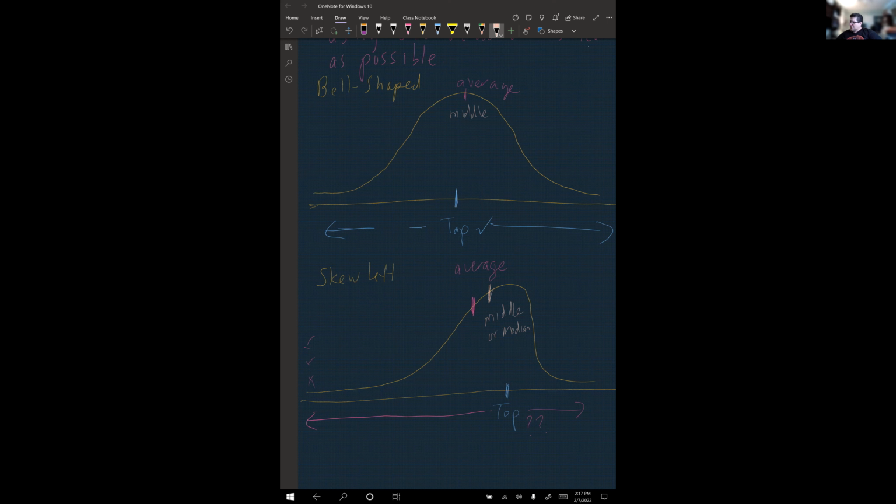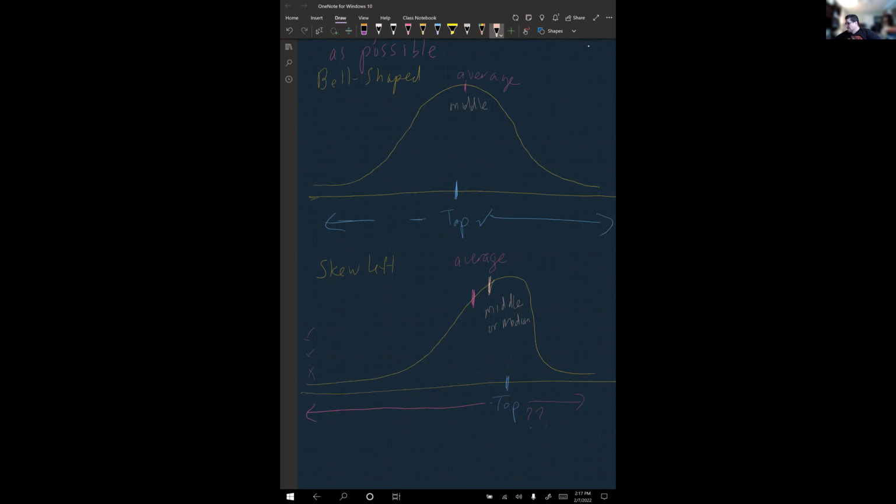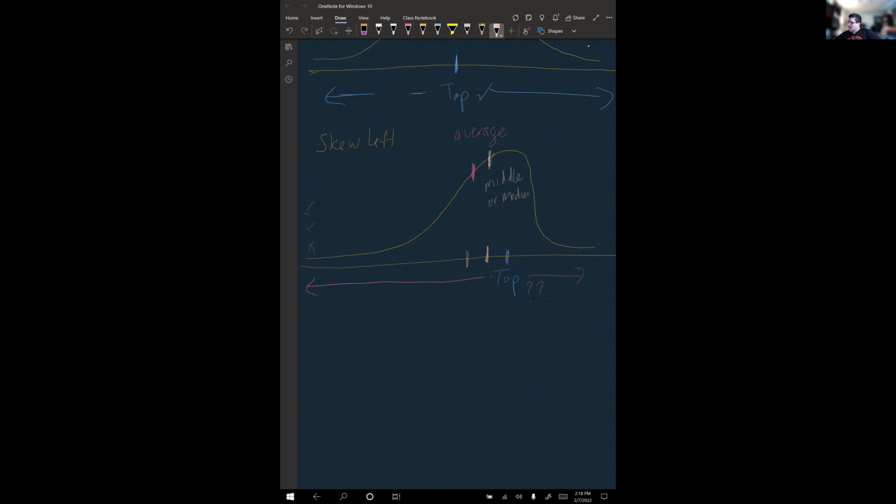And if we look at skew right, this kind of flips the graph around. I can put these down below: average, and I'm going to put tallies there for a second. And skew right, change the yellow. We have the long tail on the right.